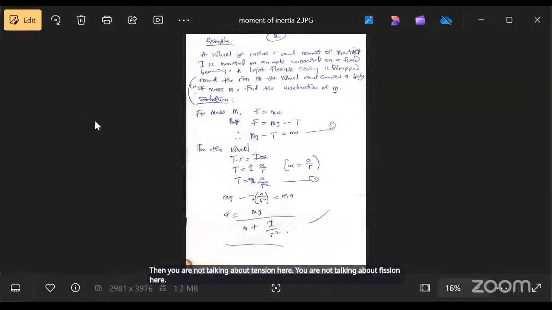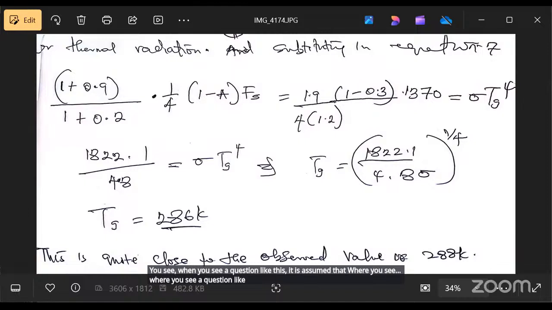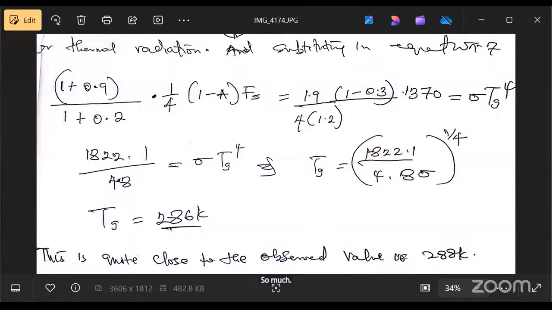When you see a question like this, it is assumed that the friction is negligible. That is why you have something like this. Tension is not friction.